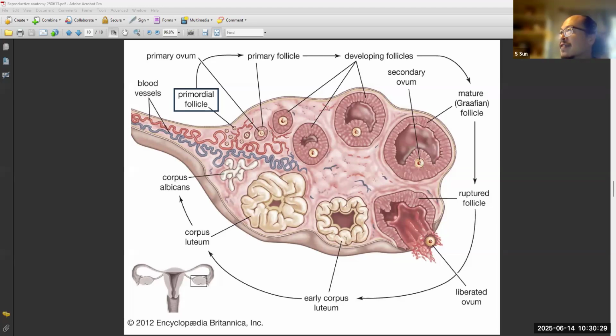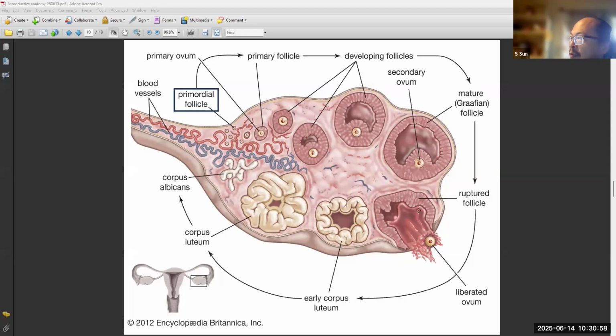Each follicle contains this oocyte, or called ovum, or egg. With the follicle developing, at some point your oocyte will get released. We call this process ovulation. Then this oocyte will get thrown into the fallopian tube.